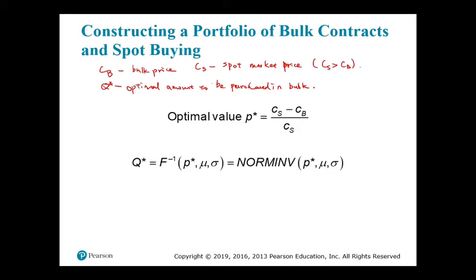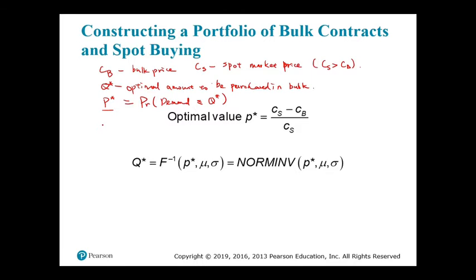Let's also denote P star, which is no longer price. Here we let it equal the probability that demand from the spot market is less than or equal to Q star from the bulk market.